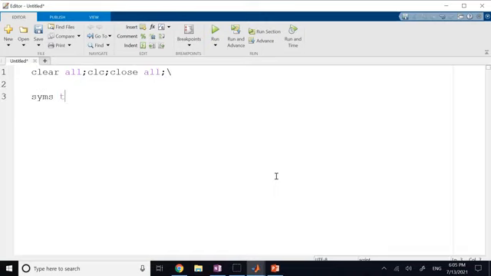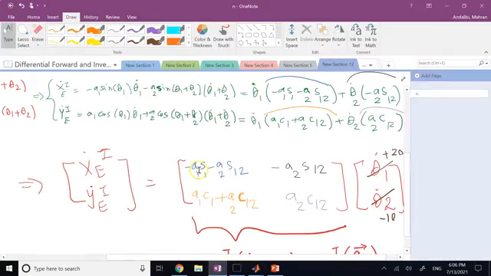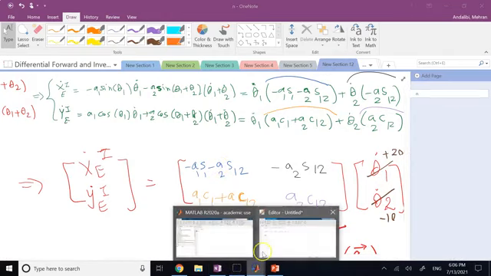So I use sines of T1 and T2 instead of theta 1 and theta 2. And then I also need T1 dot and T2 dot, and I also need A1 and A2. So my J matrix is this. The first element, as you can see, is negative A1 S1 negative A2 S1,2, correct?